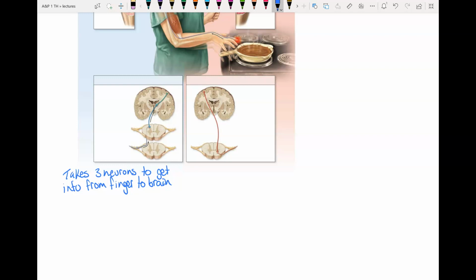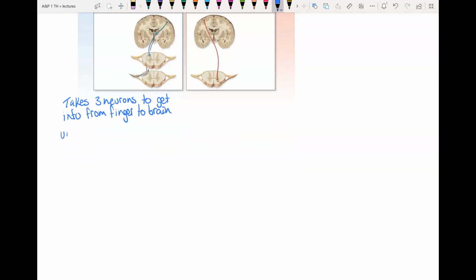The first neuron has a different structure than what we learned in chapter 12. That primary sensory neuron is a unipolar neuron. So a unipolar neuron has dendrites. And the dendrites act as the sensory receptor. Then it has an axon.